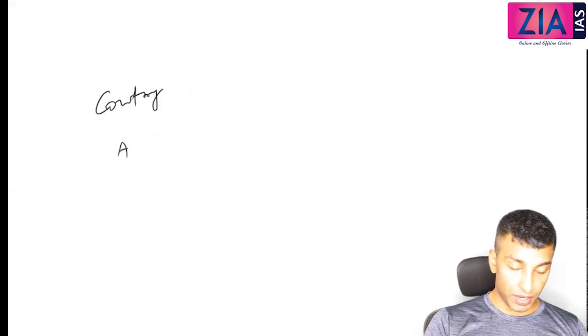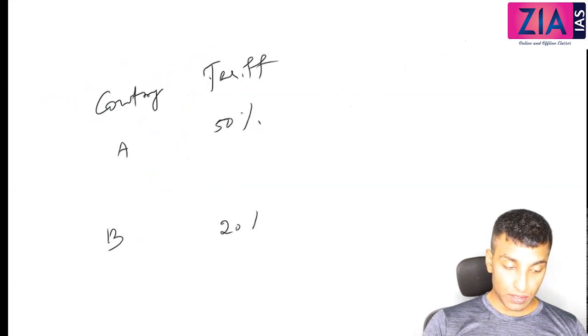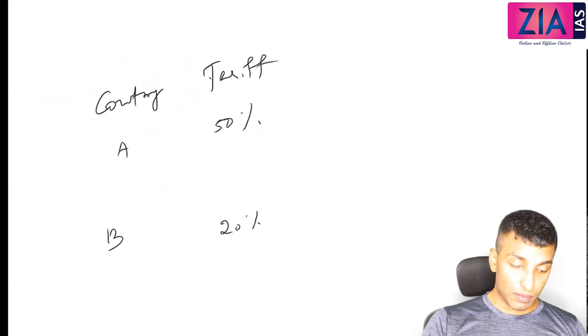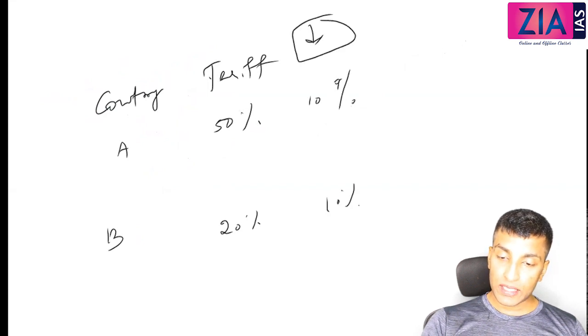For example, country A, country B. Now the tariff is, let's say, 50% and 20%. If you talk about a common reduction, let's say make it to 10%, 10%. This is one way, where we are fixing a common rate for both.